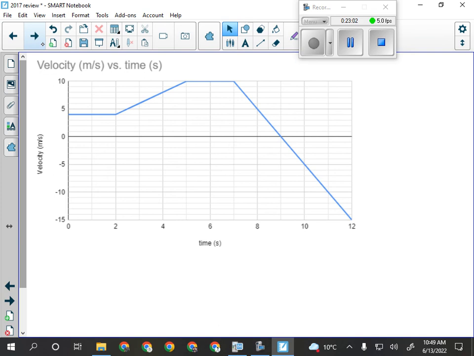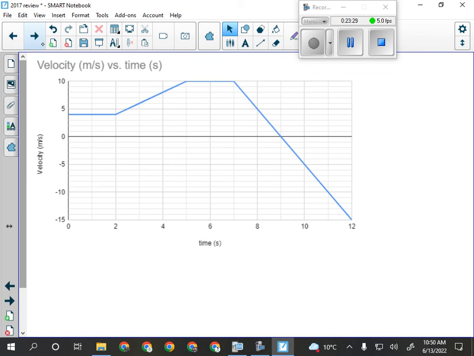How about we see if we can, well, first off, what's going on between 0 and 2 seconds on this graph? It's moving at a constant velocity of about 4 meters per second. Okay, what's going on between 2 and 5 seconds? It's accelerating positively. Then between 5 seconds and 7 seconds?